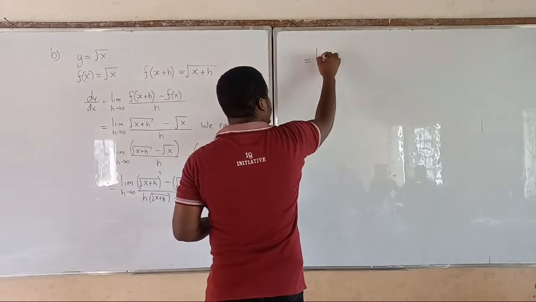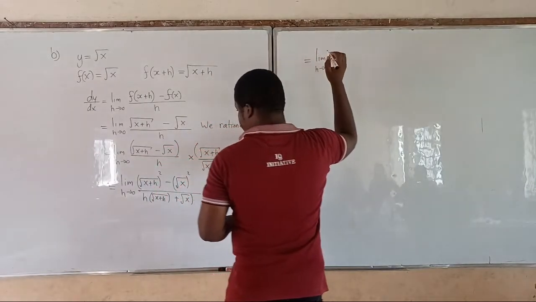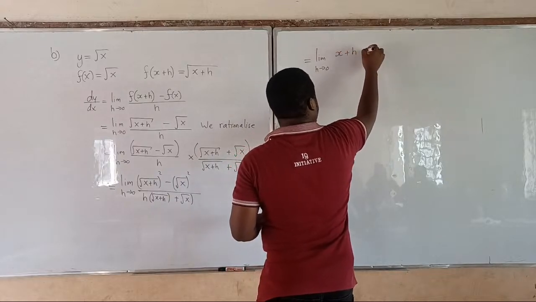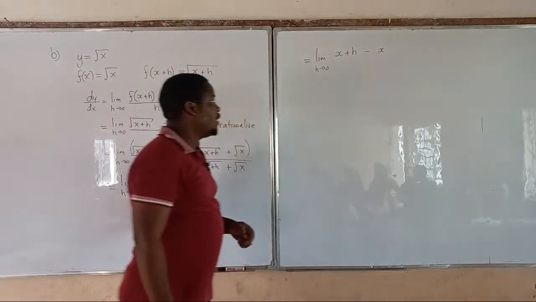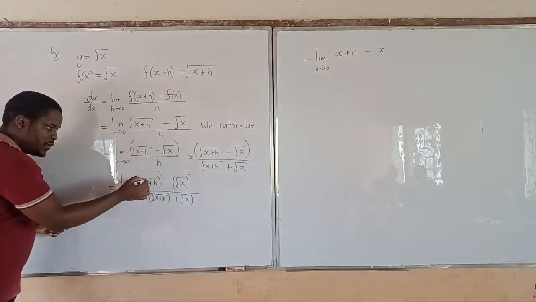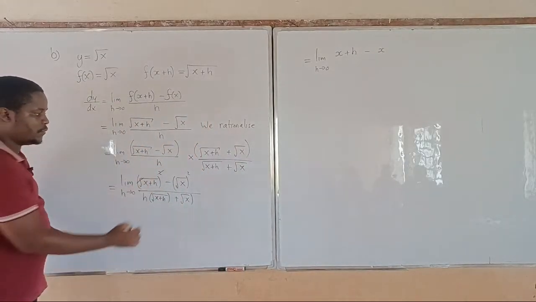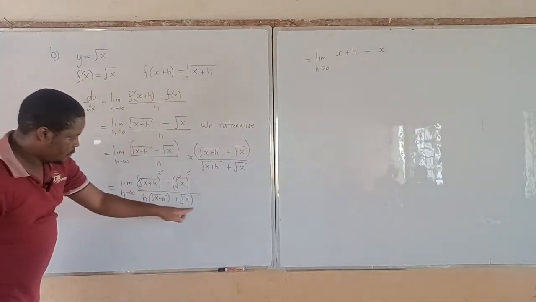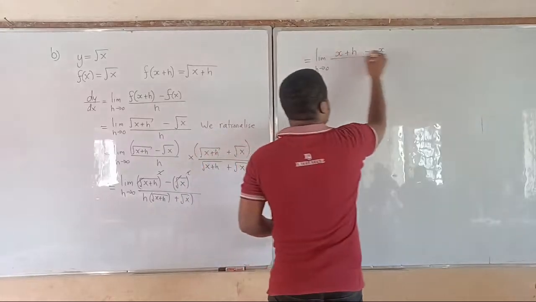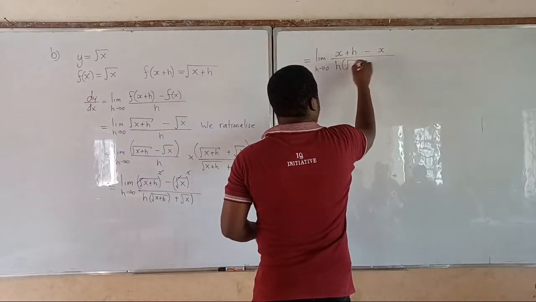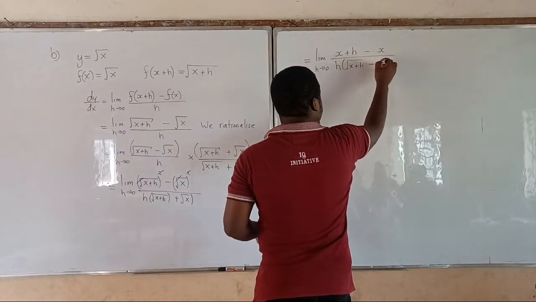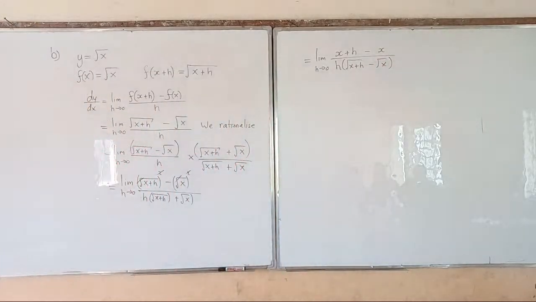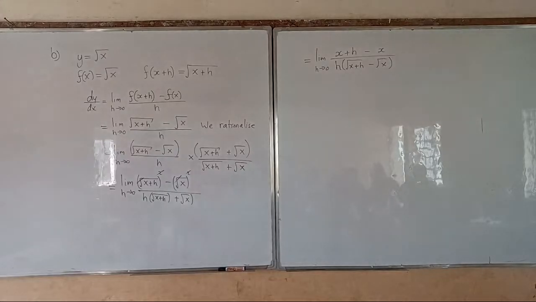We have the limit as h approaches 0 of x + h minus x. So the square root cancels the square, x + h. Square root cancels the square, x, divided by this whole thing, which is h times (root of x + h plus root x), like that. I hope that's fine.